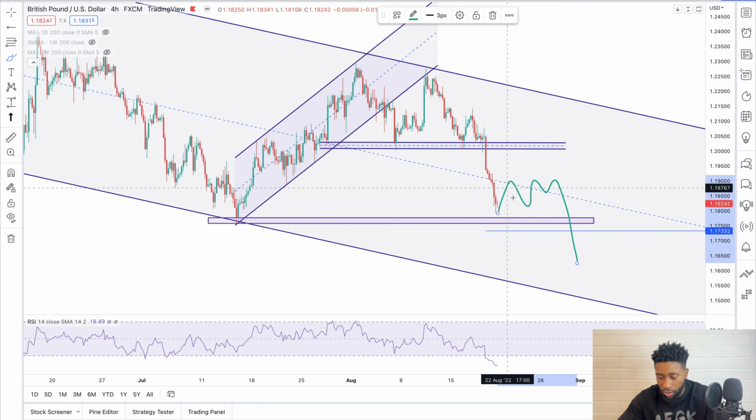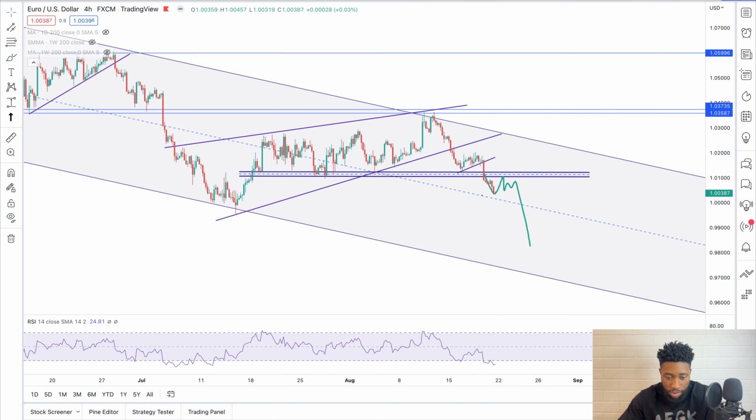This action would help bring the relative strength index, the RSI, back into this safe zone before we go down again. So that's something to consider before taking any trade on GBPUSD.